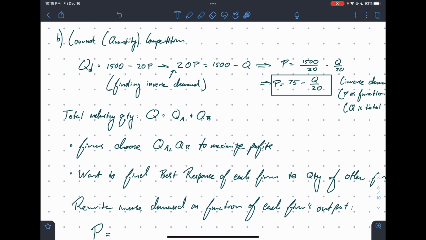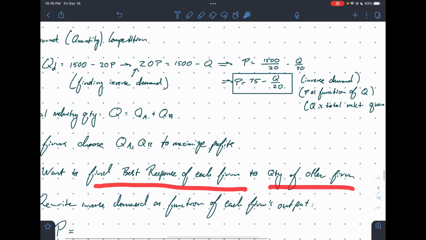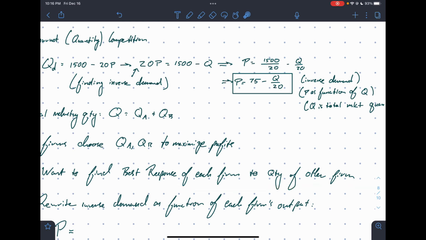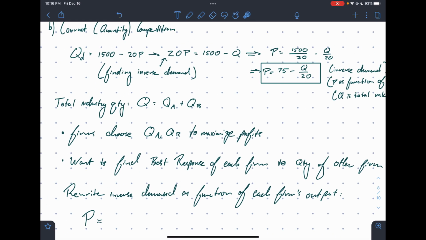So we can use the tools of game theory. We're going to find a Nash equilibrium in this game, and that'll tell us the equilibrium here. We're going to find the best response of each firm to a quantity set by the other firm, and this will give us a way of finding the equilibrium. So we have our inverse demand function, and we're going to express this as a function of what each firm chooses.